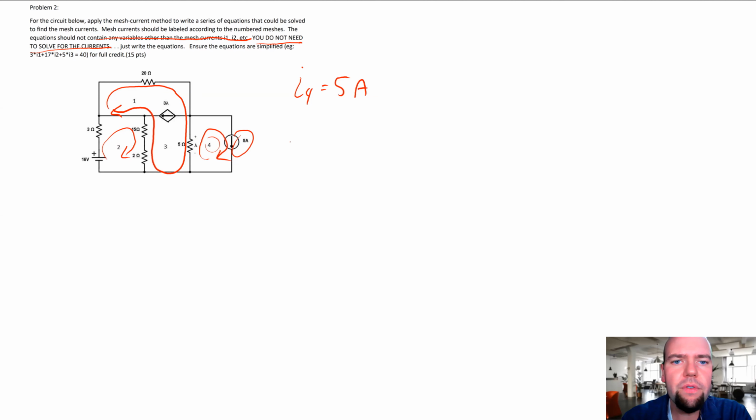So we have 20I1 plus 5 times I3 minus I4, which is 5 amps, plus the 2 and the 15 can be combined. I mean, we can combine them into 17 ohms, and that's fine.